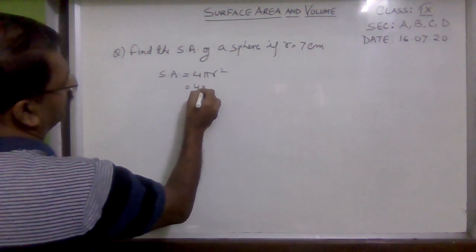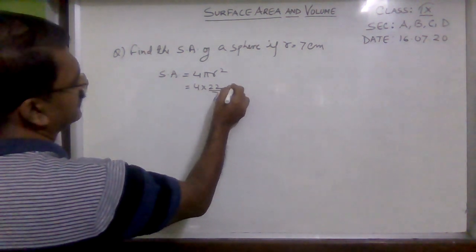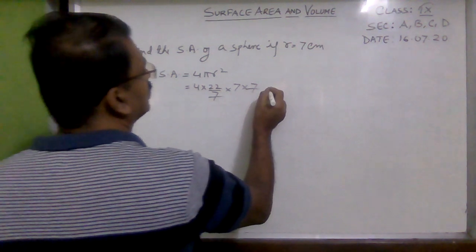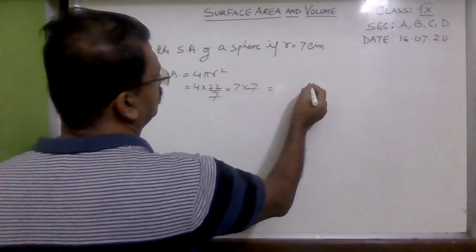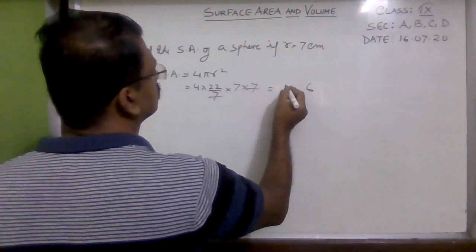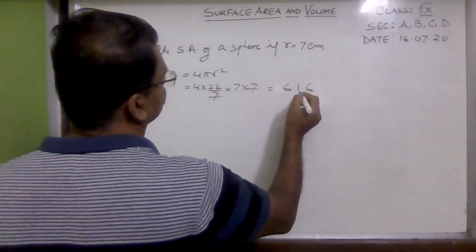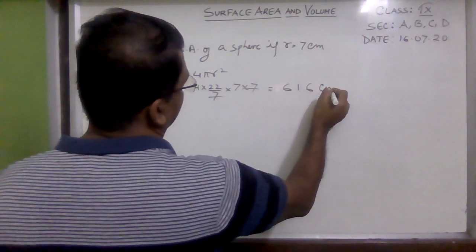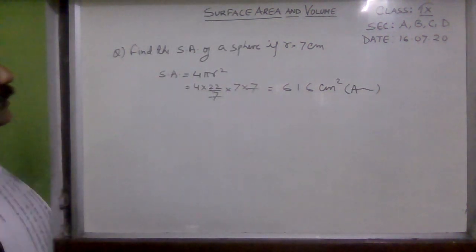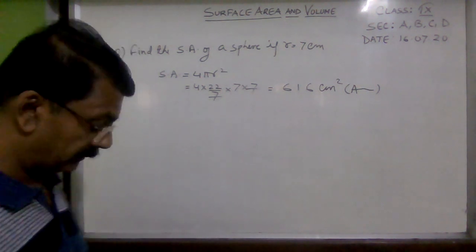So 4 into 22 by 7 into 7 into 7. One 7 is cancelled, so it is 88 into 7. 616 centimeter square is your answer.